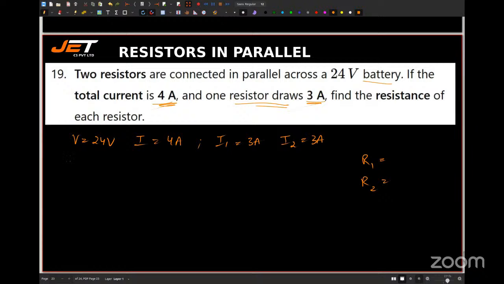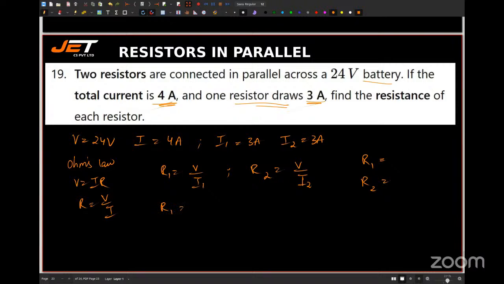Simple. From Ohm's law. We have found out current through each resistor. Now we are finding resistance for each resistor given the current. V is equal to IR, right? So for R, what do you do? V by I. So for R1, what will be the formula? R1 is equal to V by I1, R2 will be equal to V by I2. Simple.